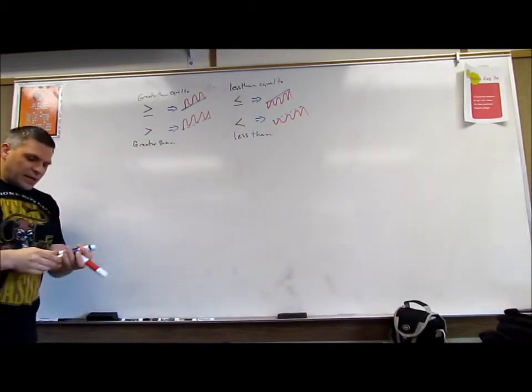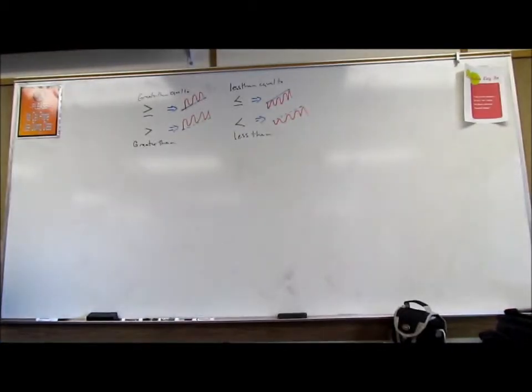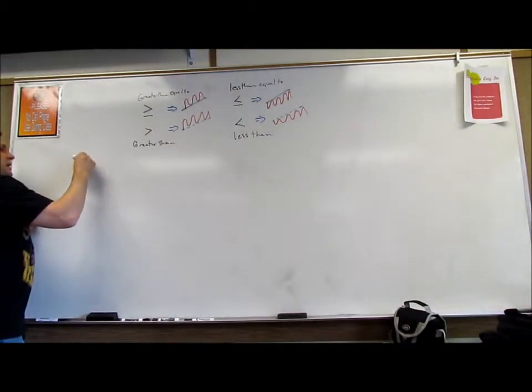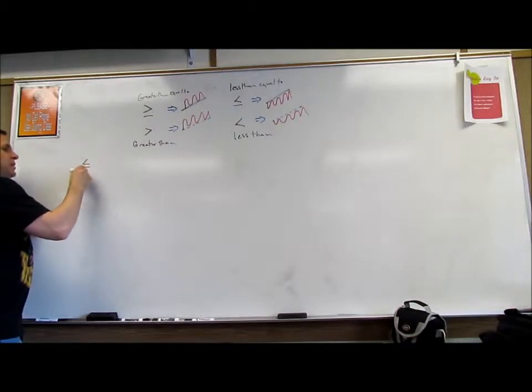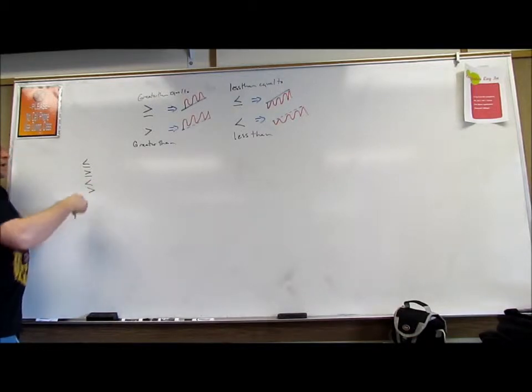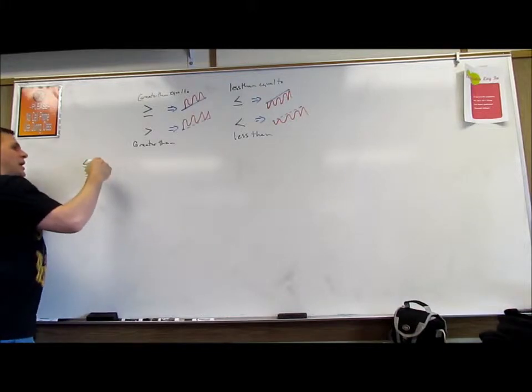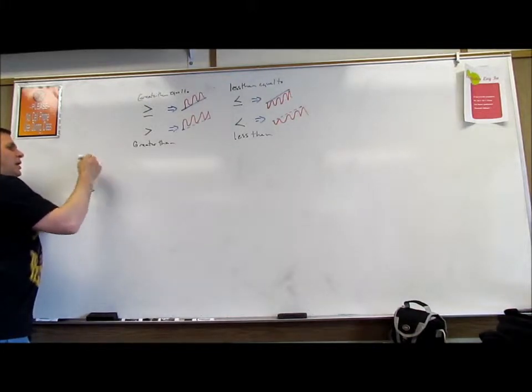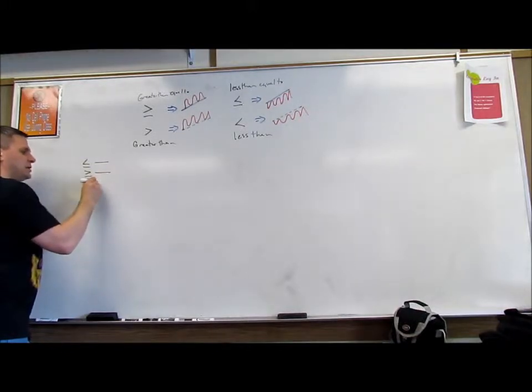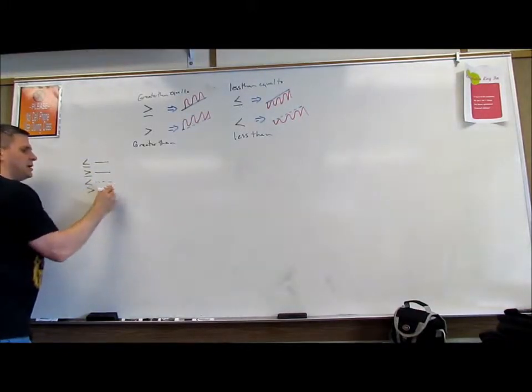So how I kind of like to show that in condensed notes is I have these things where I say less than or equal to, greater than or equal to, less than, and greater than. And what this says is that I first just do solid, solid, dotted, dotted.